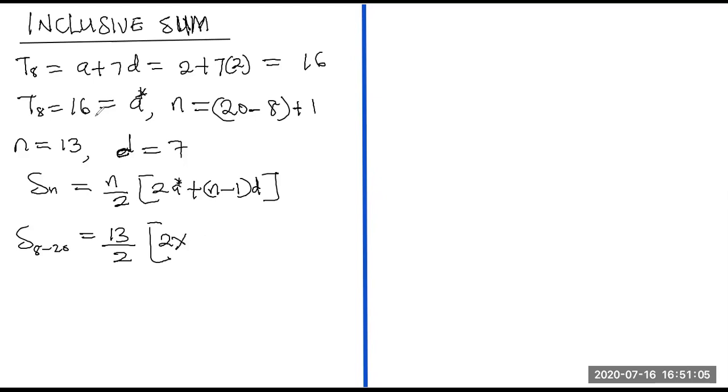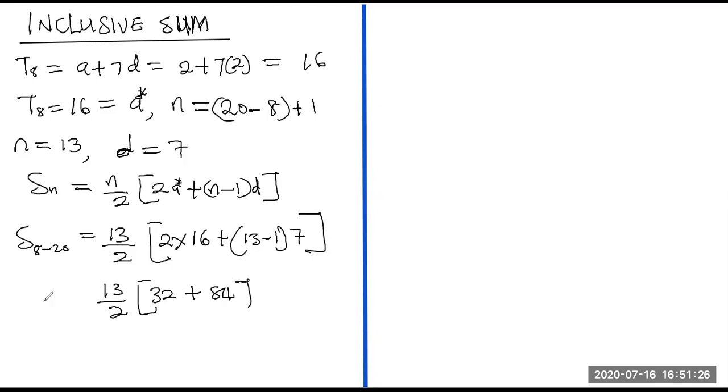The pseudo first term is 16. 16 plus n, which is 13 minus 1, multiplied by the common difference of 7. So when we solve, we are going to have 13 over 2 into 32, and of course, plus 84. So when you simplify this, what do we have?